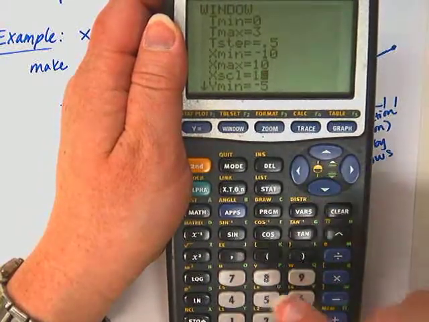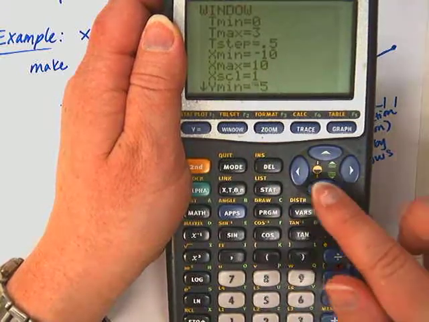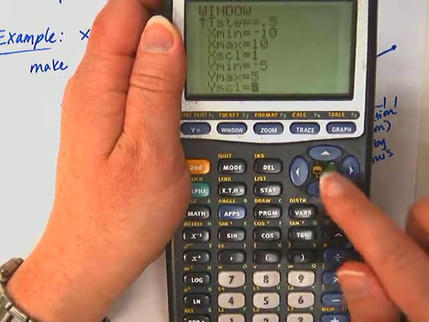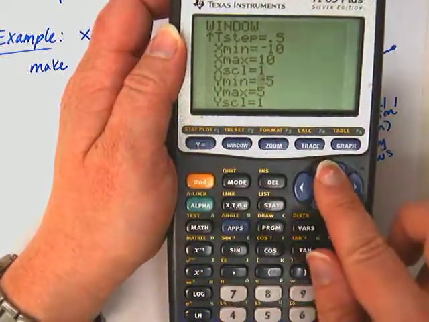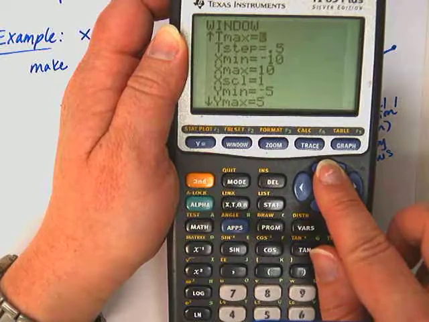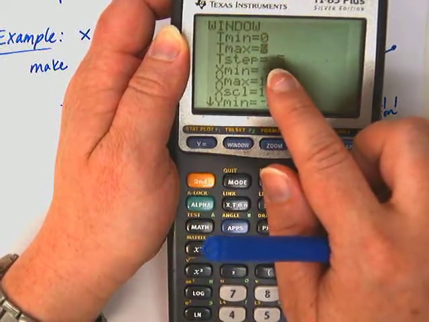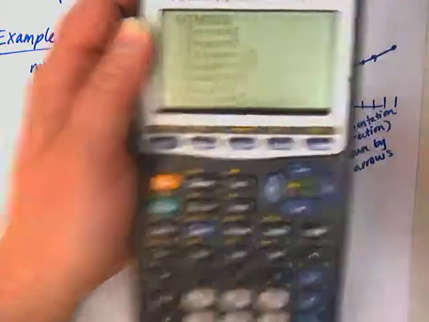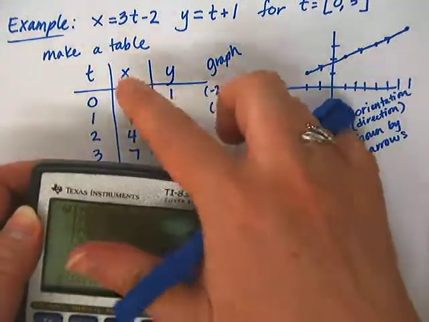And then how high does our y value need to go? The y value smallest is 1, highest is 4. So 0 to 5 would be enough. I'm going to go -5 to 5 though. Oh, x scale. Sorry. X scale, I'm just going to count by ones. So y I'm going to do -5 to 5.